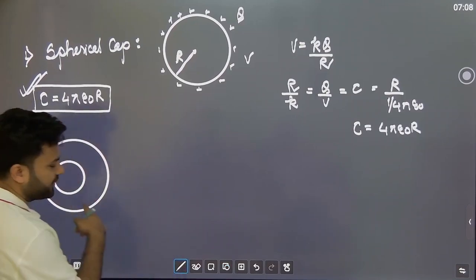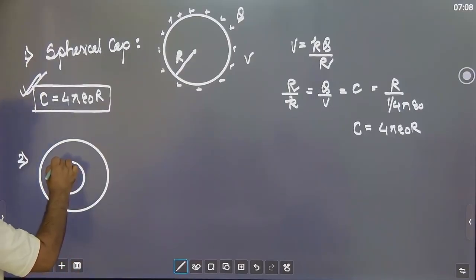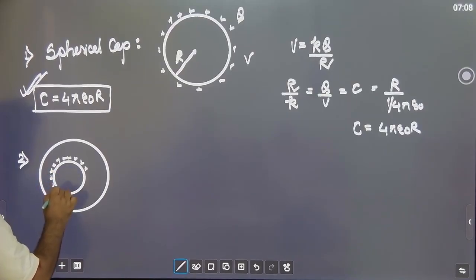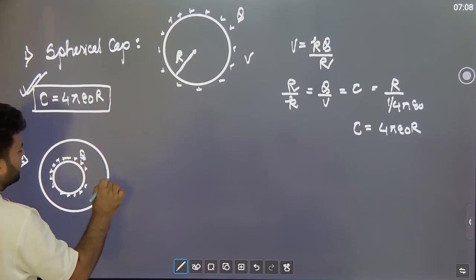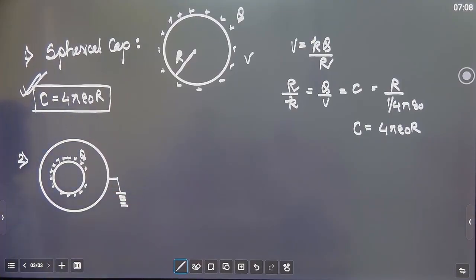So we have concentric spheres. You can see concentric spheres. This inside sphere we are charging. We are giving charge Q. And outside now we are earthing. This is called earthing. So they will ask what is the capacitance of this system. Just you have to remember.